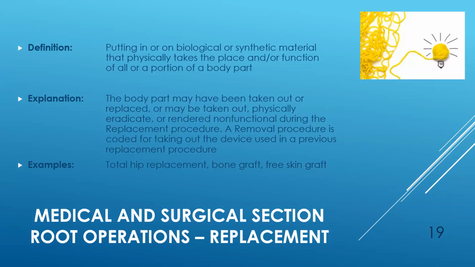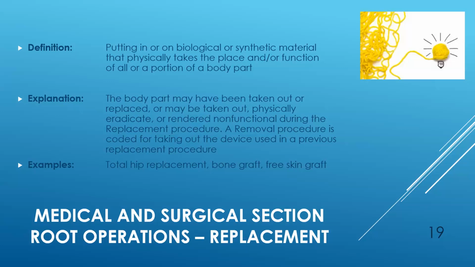Because sometimes when they replace something, it'll help, but it's not going to be as good as what you had originally from nature. A good example, an example's worth 1,000 words: hip replacement. A hip replacement takes the place of your natural hip. But it could also be a bone graft or free skin graft.